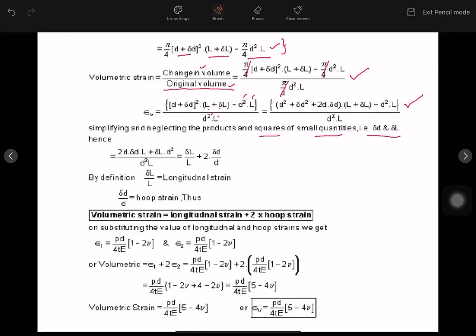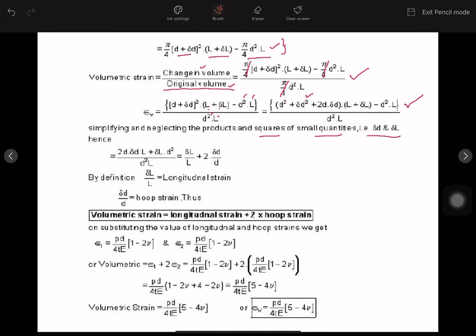So here we have neglected this particular term, and some terms will get cancelled.